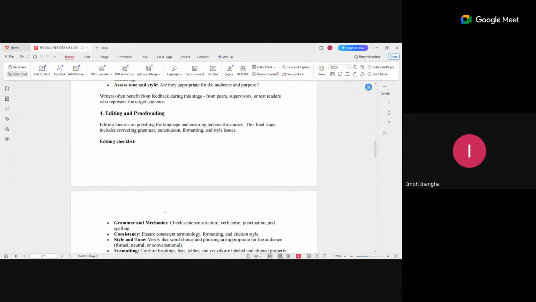Editing focuses on polishing the language and ensuring technical accuracy.